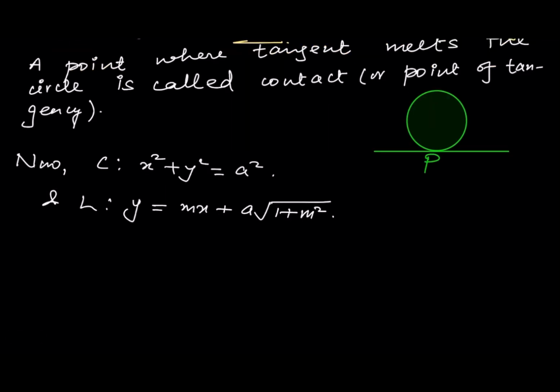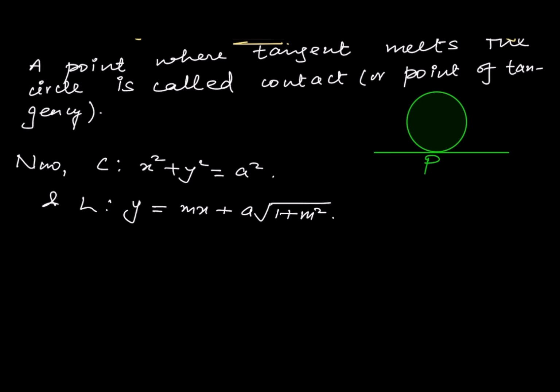If I solve the line and the circle, we will get a quadratic in x, and by putting the discriminant of that quadratic equal to 0, we can get x. If we get x, then we can get y also by putting it in the equation of the line L. So now let's proceed accordingly.